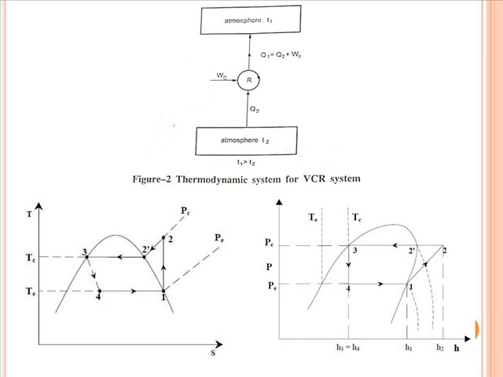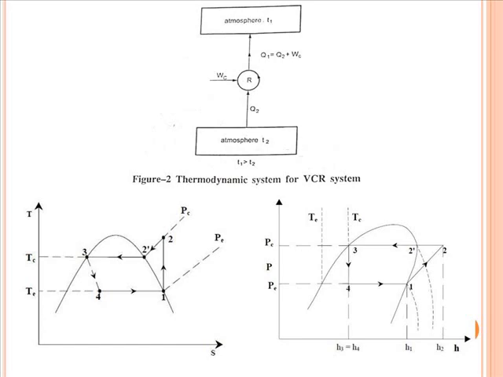Now you can see the representation of vapor refrigeration cycle on the TS and PH diagram, that is temperature entropy diagram and pressure enthalpy diagram. So 1 to 2 is the compression process, where you will observe the refrigerant is available in superheated state, then it will lose the heat and it will reach state 3.